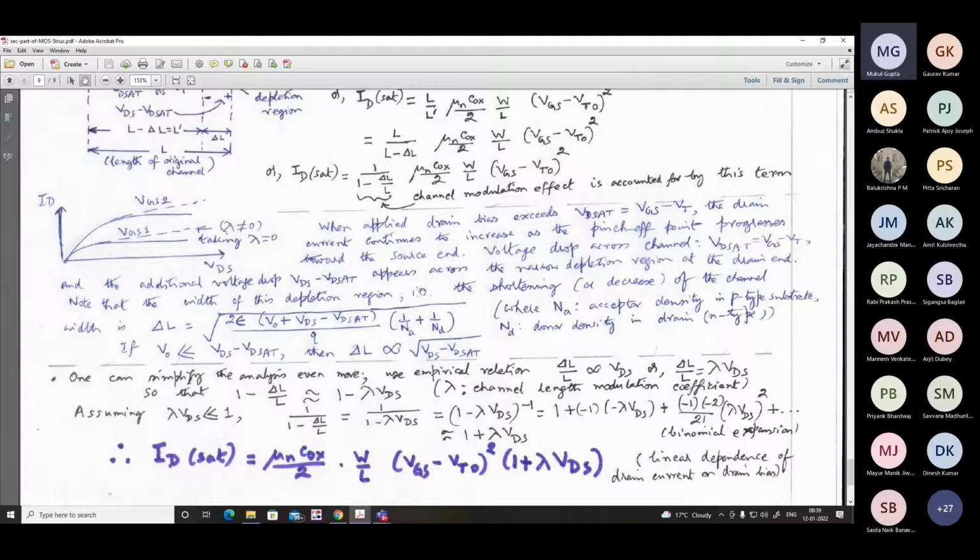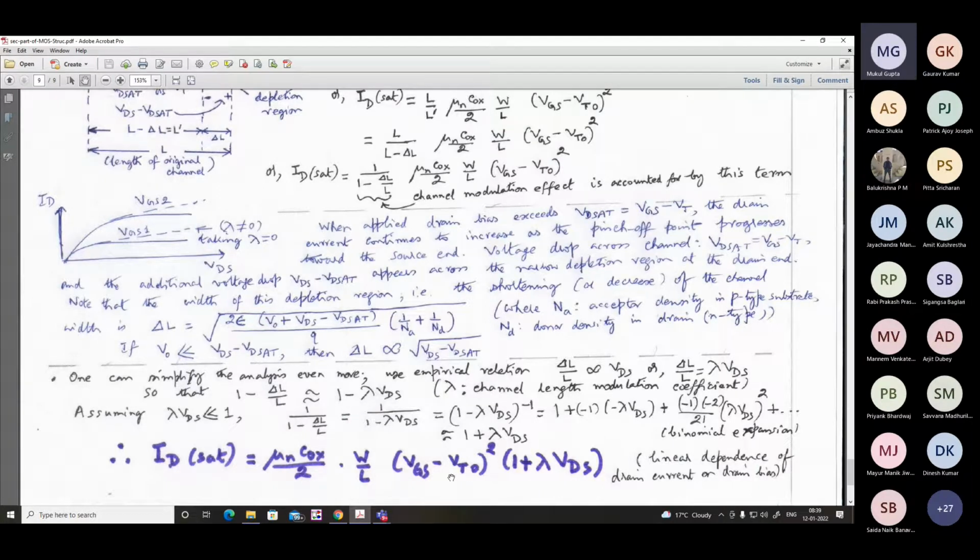That means instead of writing 1 upon 1 minus delta L by L, let us write it as 1 upon 1 minus lambda VDS. From the binomial theorem, this is equal to 1 plus lambda VDS, and as lambda is much less than 1 in general, we just take the second term.